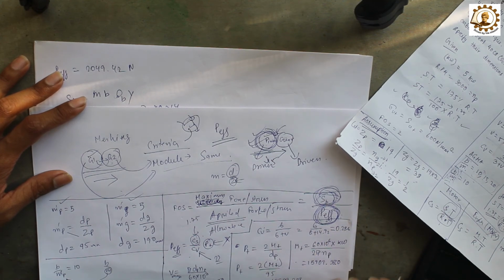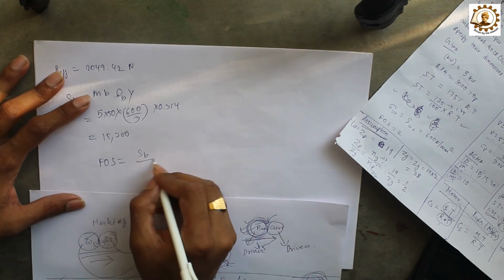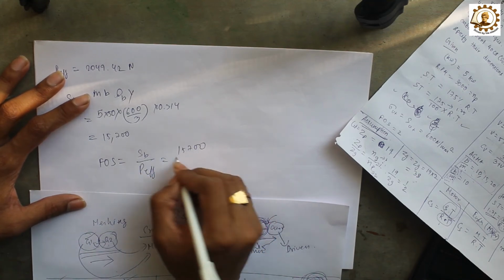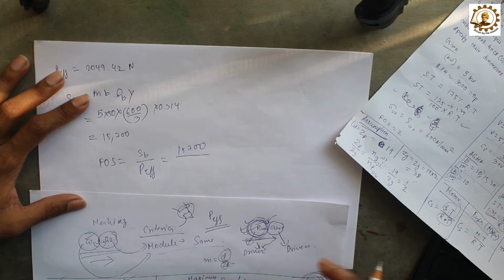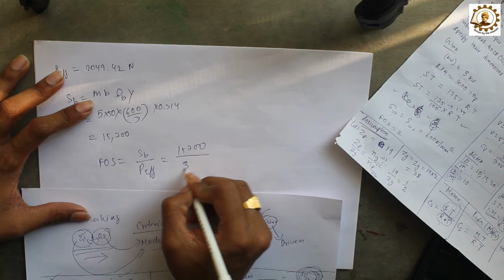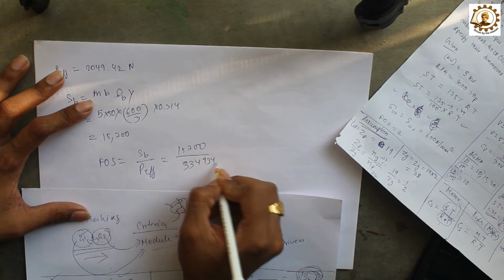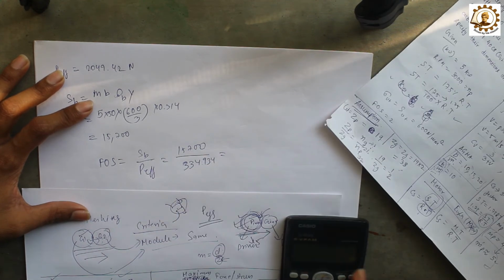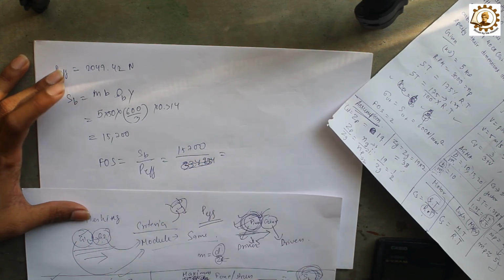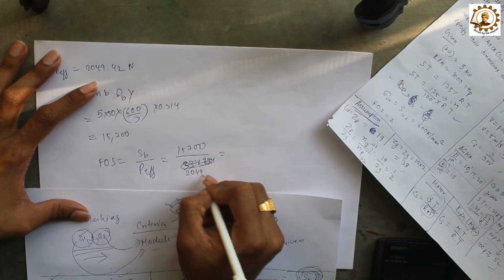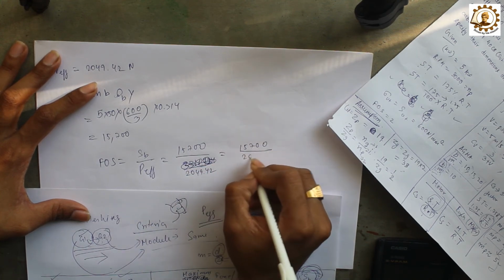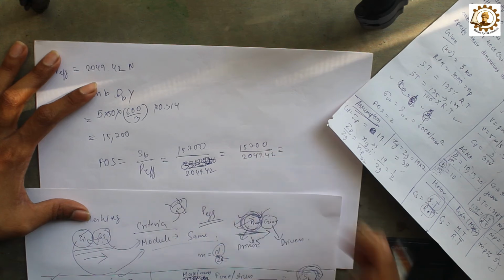Therefore SB by P effective is equal to 15700 by 2049.42, which is equal to how much?